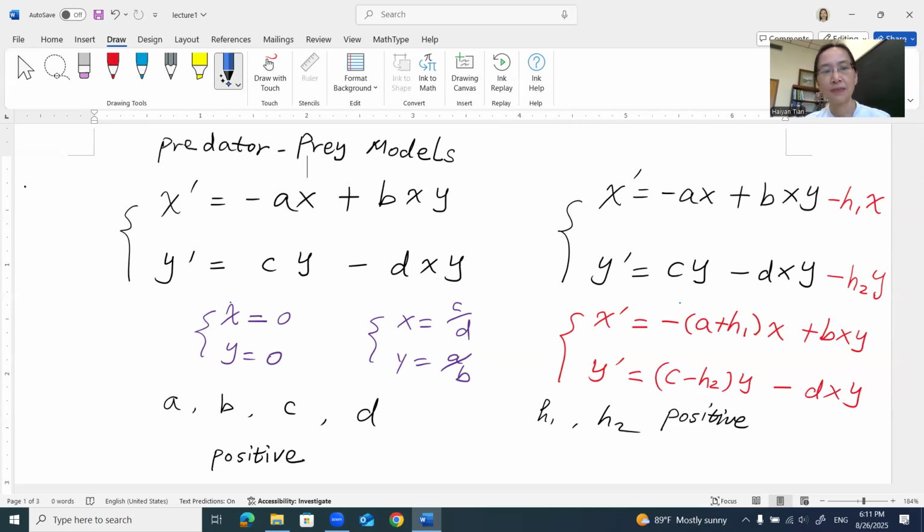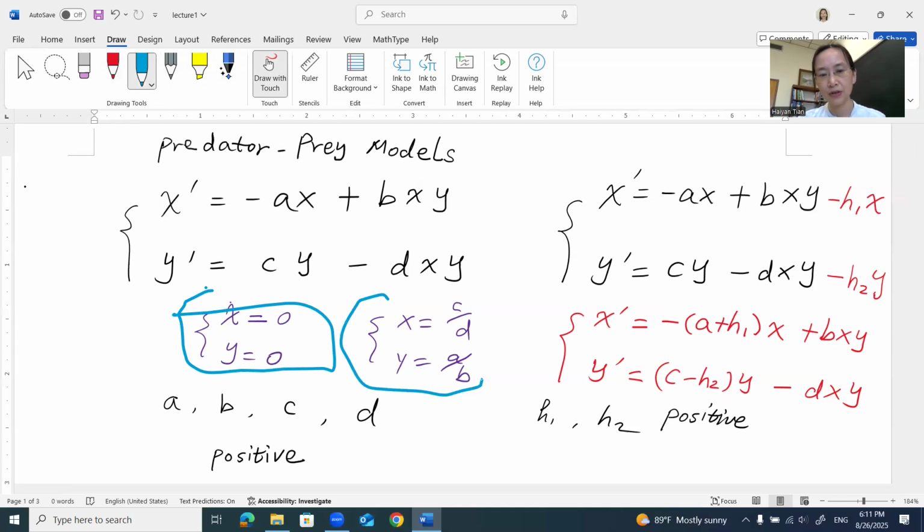So C is now C minus H2. So for the new system, we can quickly apply the formula. We can still find the constant solutions, as we already know, either the trivial solution or a solution like this.